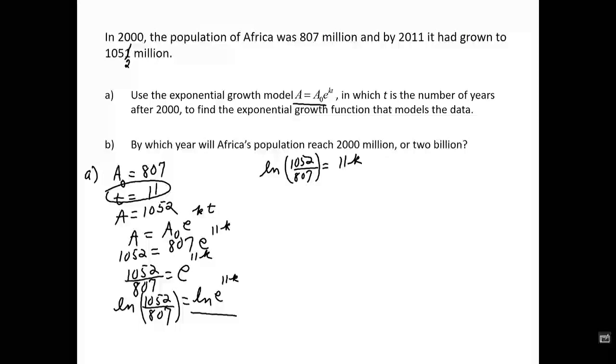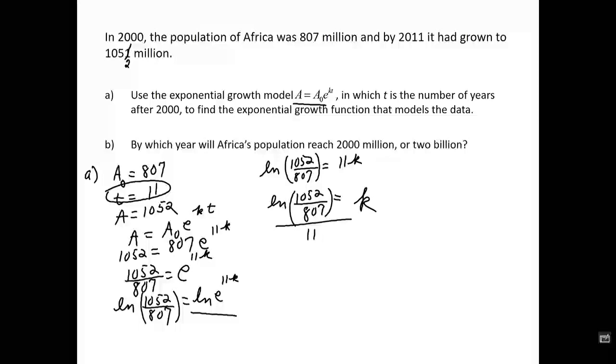We know that the natural log of e is 1. All right? Now, let's solve for k. To get k, we have the natural log of 1052 divided by 807 and divided by 11 would give us k.